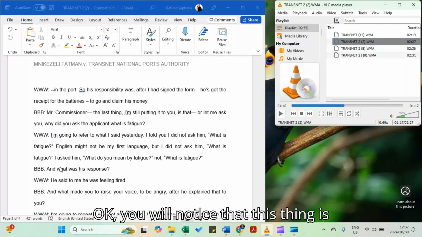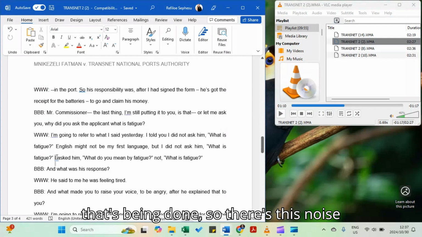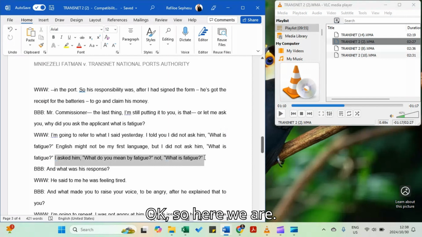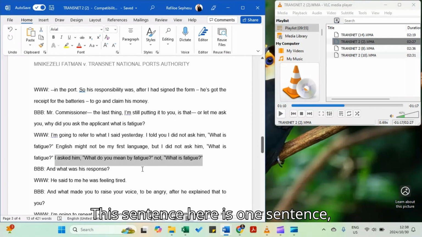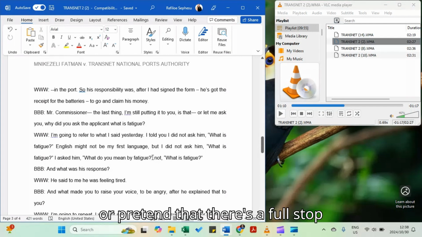Okay, you will notice that this thing is one sentence. Sorry, there's work that's being done, so there's this noise in the background. Excuse that. Okay, so here we are. This sentence here is one sentence, okay? I did not put a full stop here or pretend that there's a full stop there and then start with a capital letter here. No, it's one sentence, okay?